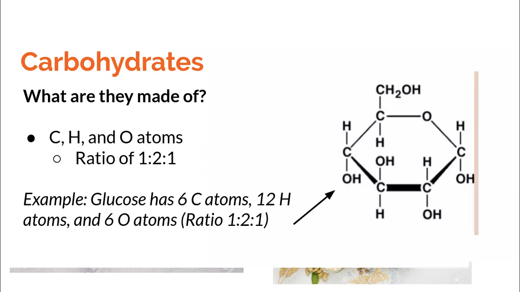So for every 1 carbon atom, there is 1 oxygen atom and 2 hydrogen atoms. For example, here we have a molecule of glucose. That is a carbohydrate. It has 6 carbon atoms, 6 oxygen atoms, and 12 hydrogen atoms. So it follows the ratio of 1 to 2 to 1.